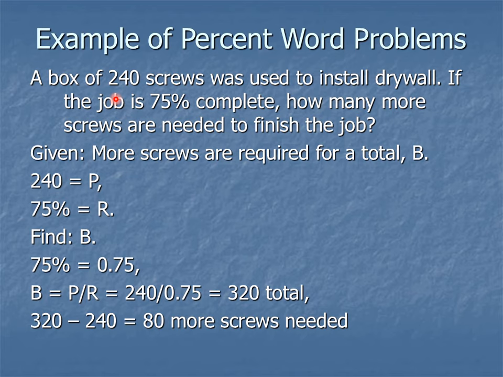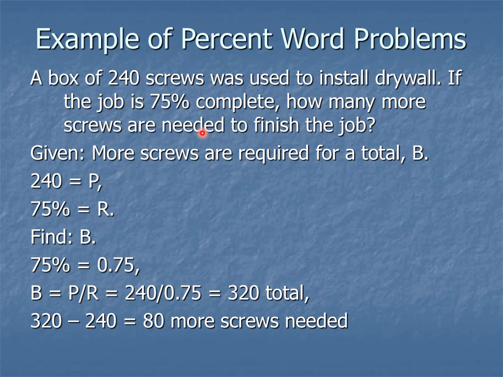Then we just plug into the formula for the base, and also notice that, as I said, the rate is always plugged in as a fraction. So we wrote 75% equals 0.75, and this is our rate. We plugged it in here as 0.75. We got 320. But if you read the question again, you'll see they don't just want to know the total number of screws you need.